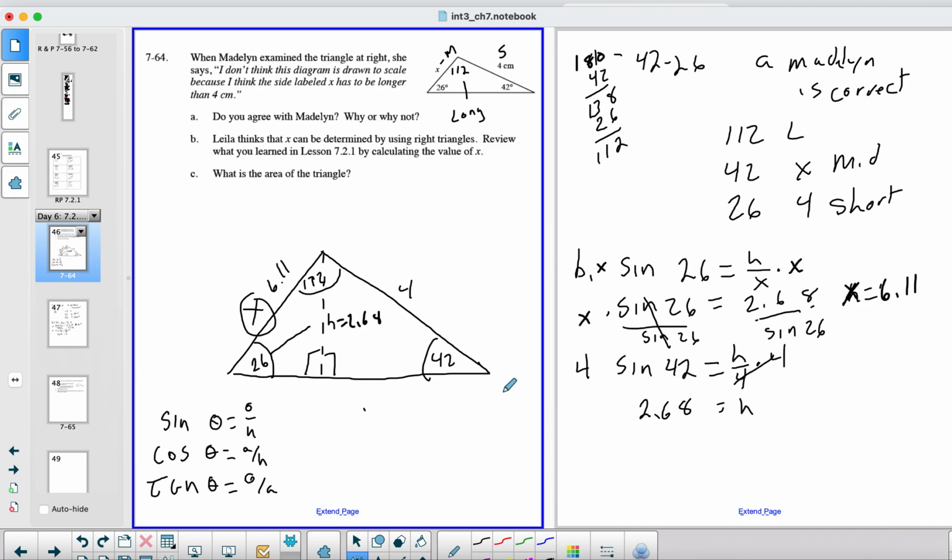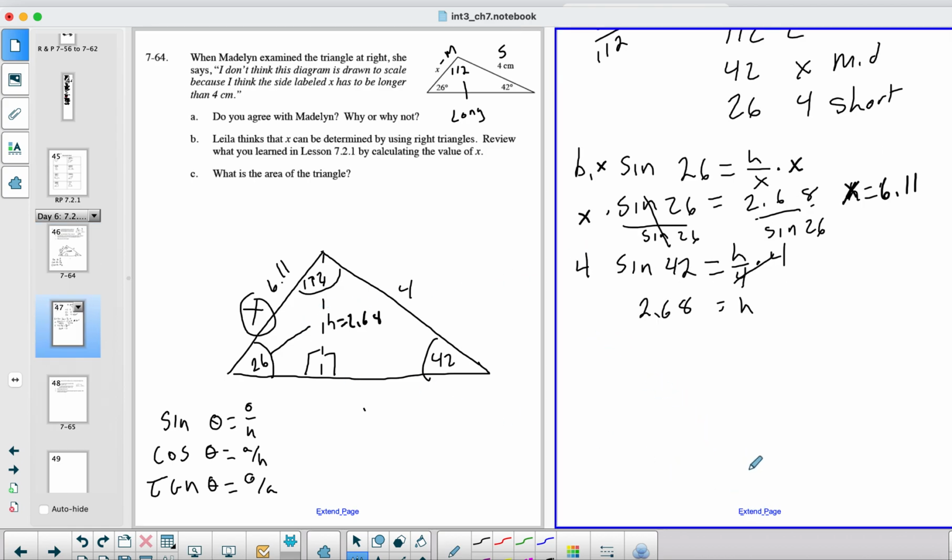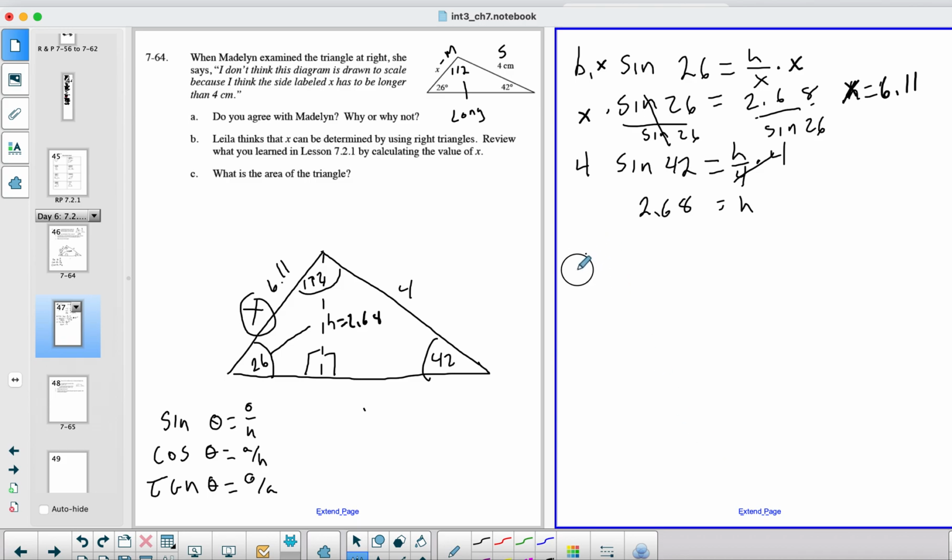So far we've done a sine function and a sine function and found our missing angle. So those 3 functions we've had to do already. And this is find the area for letter C. So area of a triangle is 1/2 base times height.